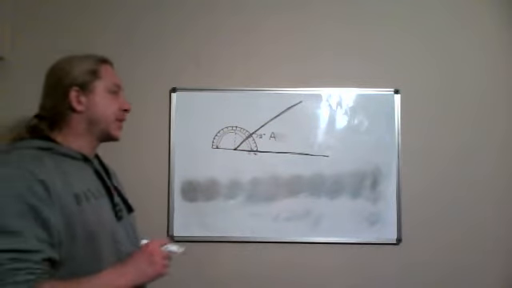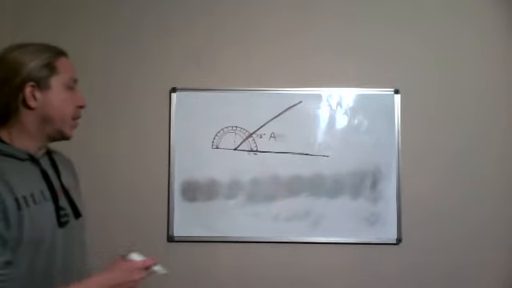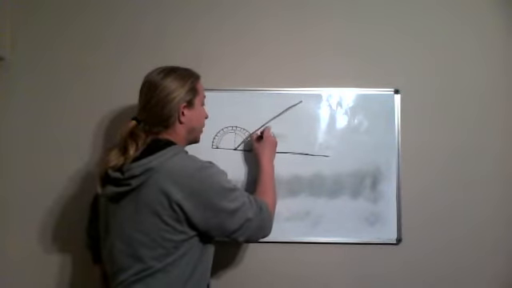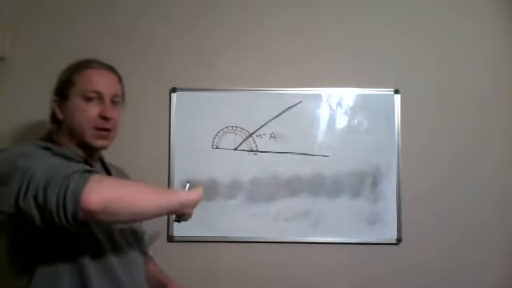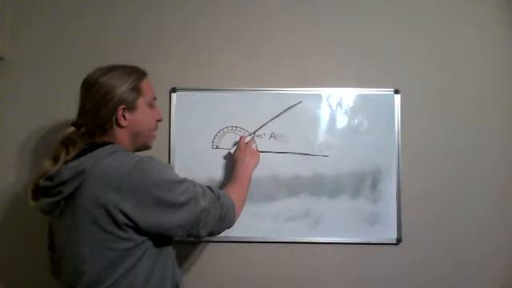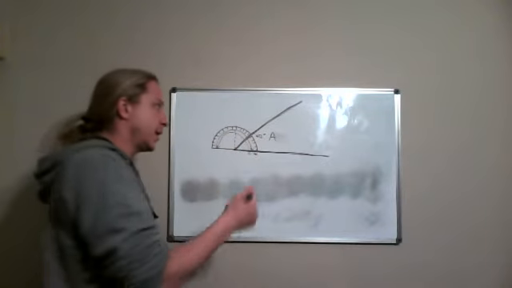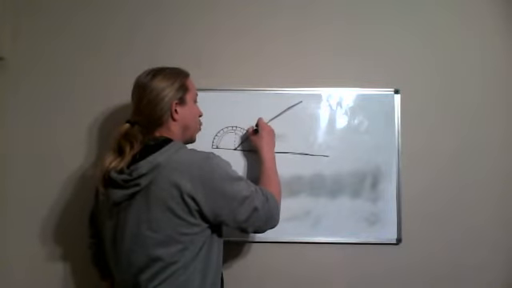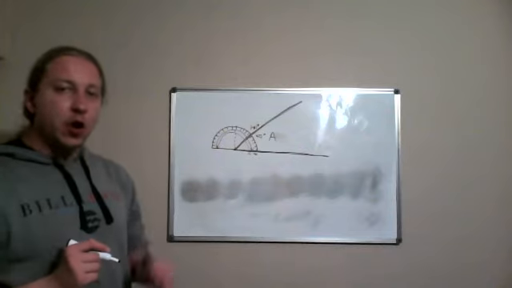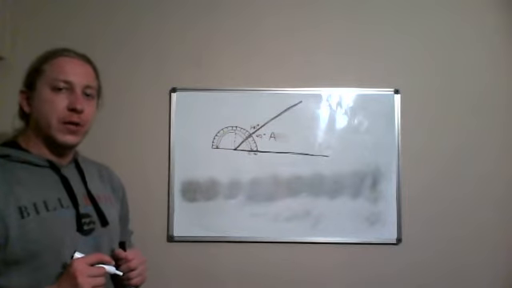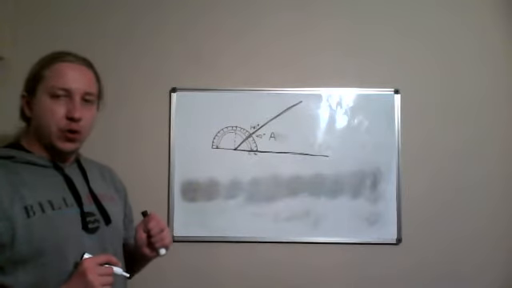If you make a mistake and read on the other side, let's say this is 40 degrees. On the other scale, remember it's 180 this way, 180 that way, so whatever number we have here, plus the other scale number, will always add up to 180. So the other number will be 140 degrees. If you pick the wrong number and say it's 140 degrees, you should check whether 140 is an acute or an obtuse angle.